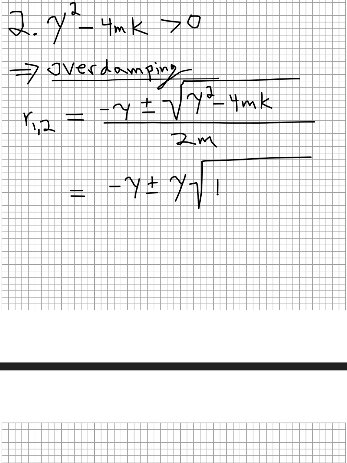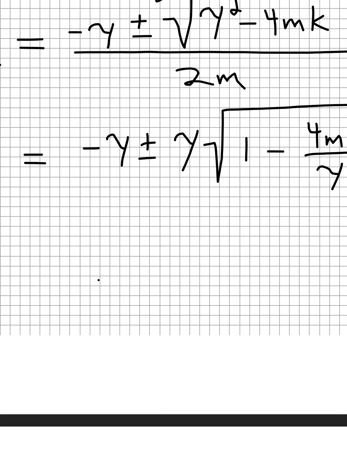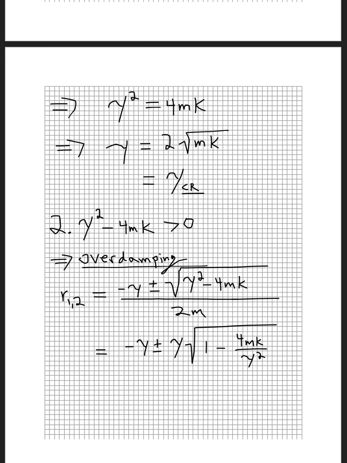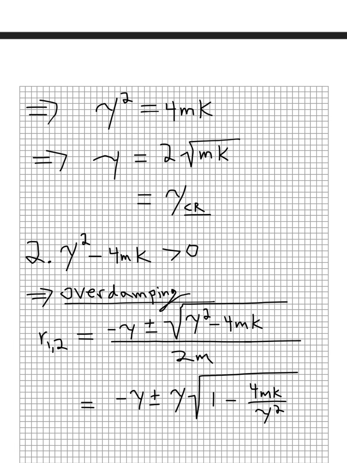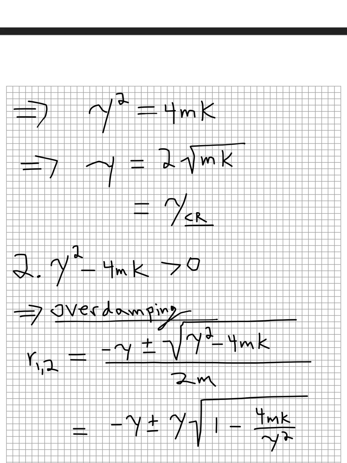We have 1 minus 4 times m times k, all divided by gamma squared. Okay. Oh, sorry. Let me go ahead and zoom back out. Get us back to where we need to be, right about there.